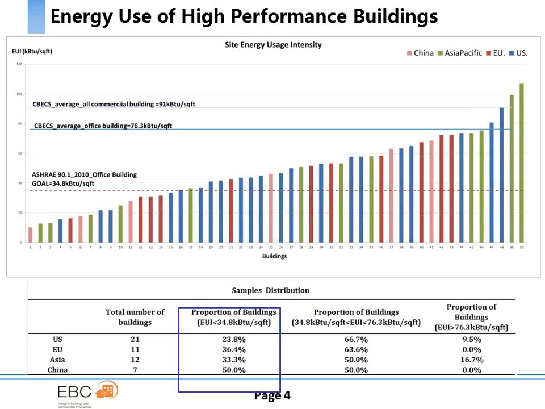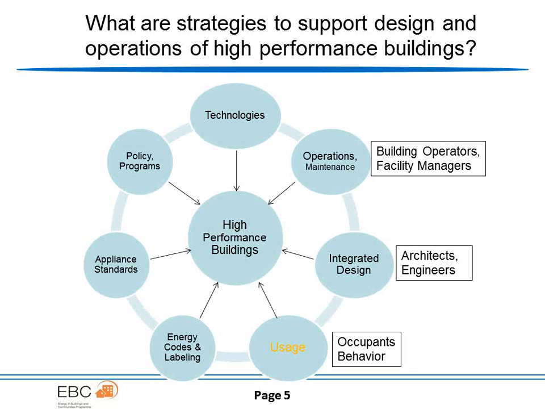So I think it's a good question we asked before. Basically the top question again is, what strategies support design and operation so that we can really get to high-performing buildings? I tend to look at all these main pieces here. There's a lot on technology, and we are working a lot in those areas, but operation and maintenance is important, sometimes more important, as is whether we use an integrated design approach at the beginning or even across the life cycle of the design process.